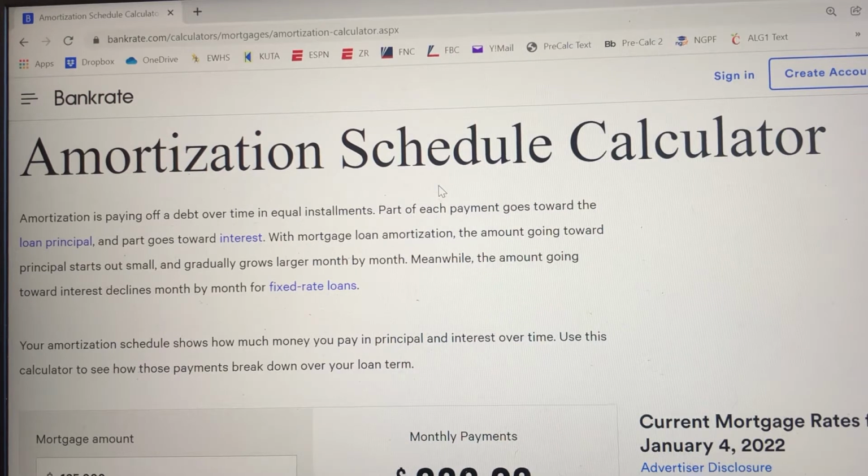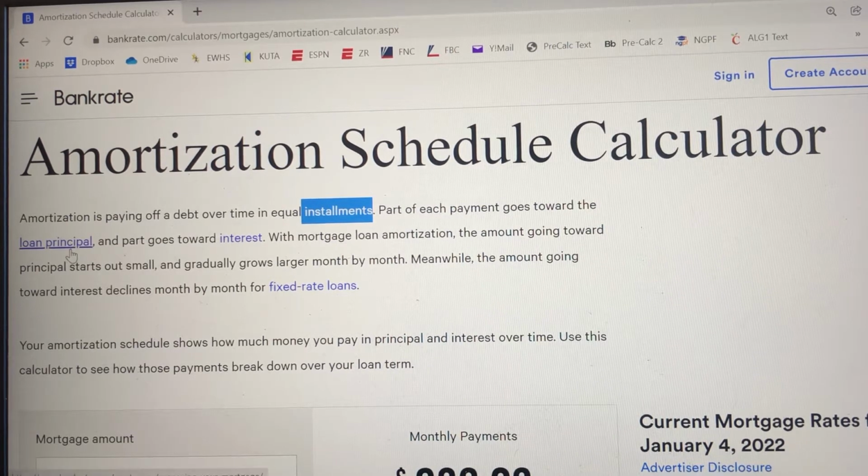So when you amortize a loan, it can be called an installment loan. You make equal payments each month. Part of that payment will go toward the principal, and the other part will go toward the interest. As the monthly payments move forward, more money will go towards principal. In the beginning, you're paying more interest.